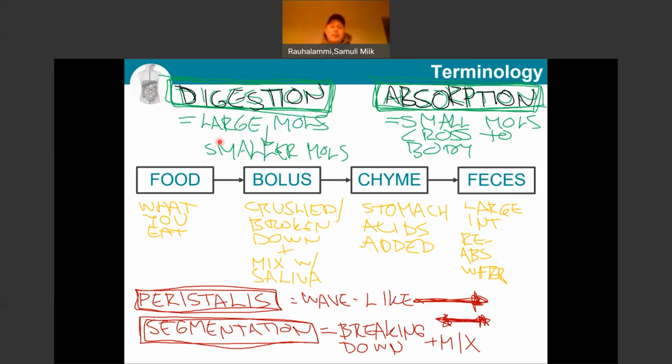Now, we are left with these smaller molecules. Now that they are small enough, they can actually do the job of crossing the membranes from the tube inside the body to actually being inside the body.